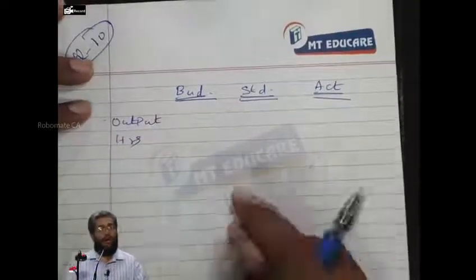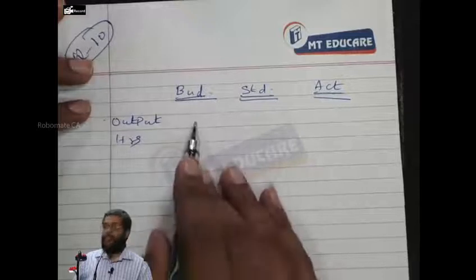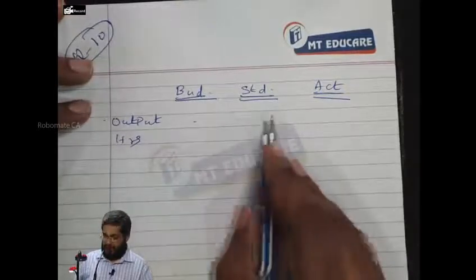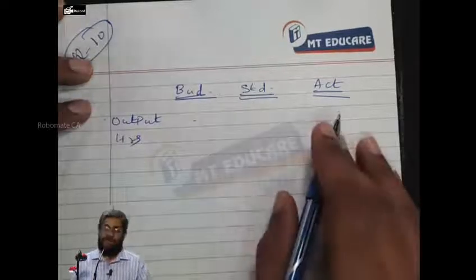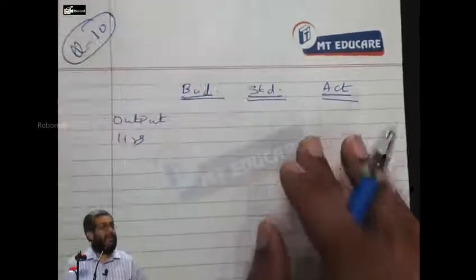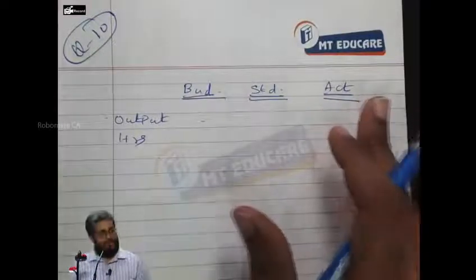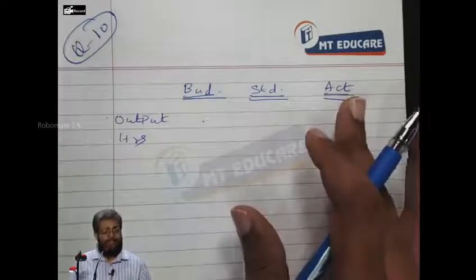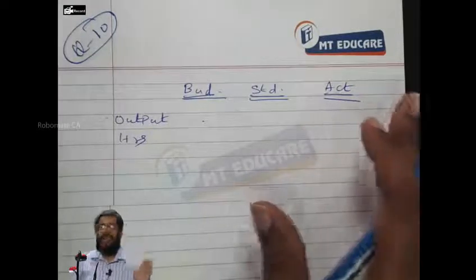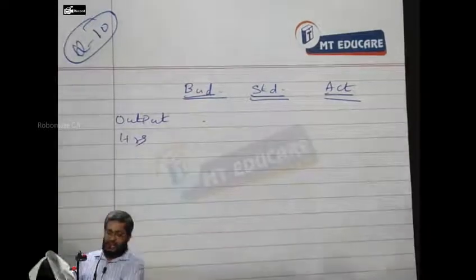I want you to tell me the 6 numbers: budgeted output, budgeted hours, standard output, standard hours, actual output, actual hours. BO, BH, SO, SH, AO, AH. All this we use in one place or another in our calculations. Everybody following? Now, let me read it and then start our discussion.